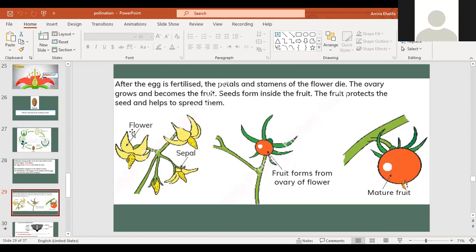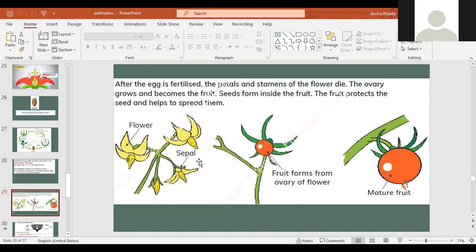The movement is just pollination, movement of pollen. But joining pollen with the eggs in the ovary, this is called fertilization. After fertilization, what happens to a flower? This is the last slide, by the way, before we have our questions.